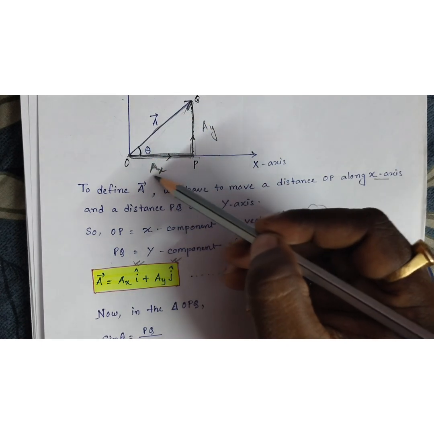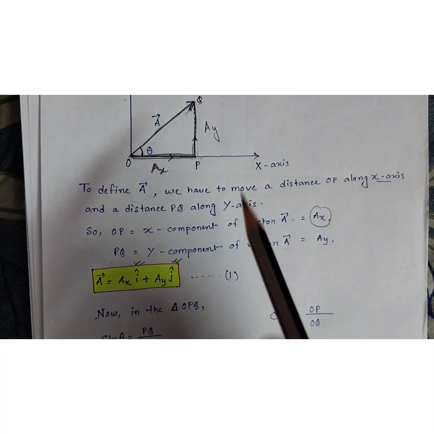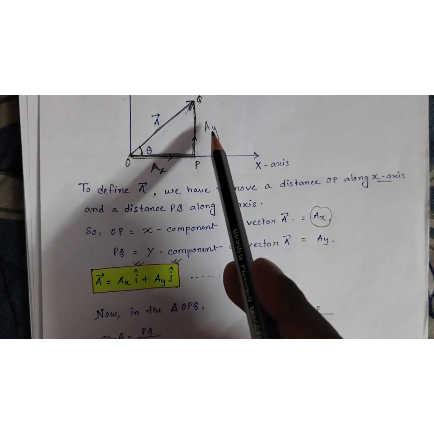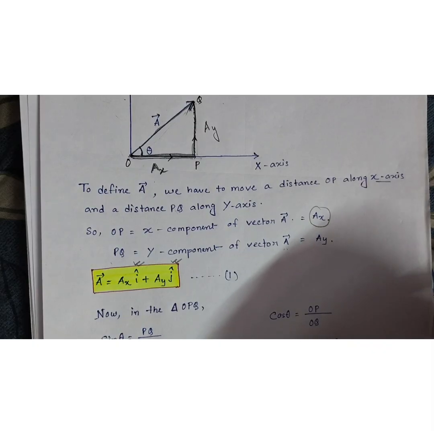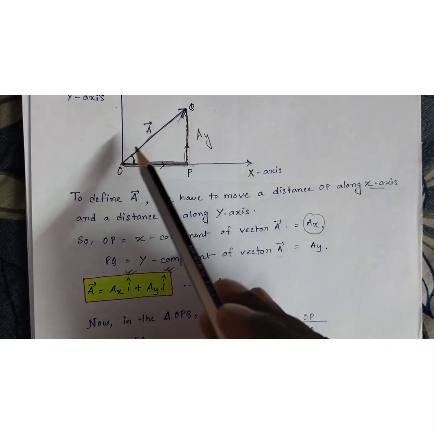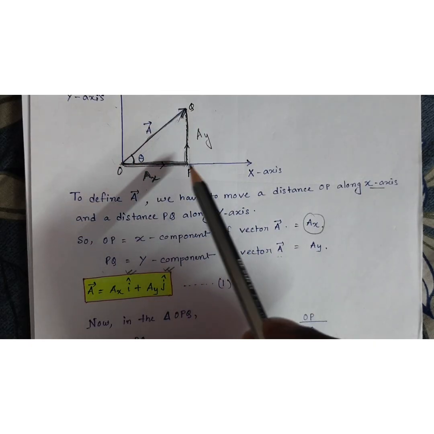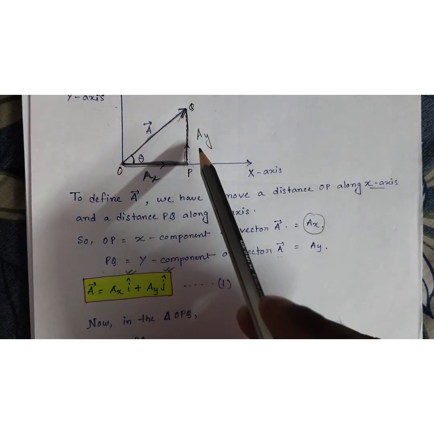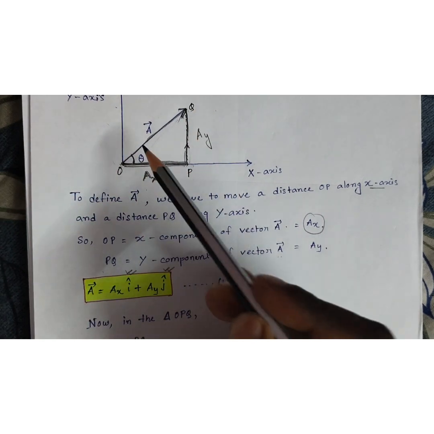Now what will be the magnitude of A_x and A_y, that means the x component of A and the y component of A? So we are going to evaluate the magnitude. As you can see, this is a triangle, and it is a right angle triangle where this angle is theta.